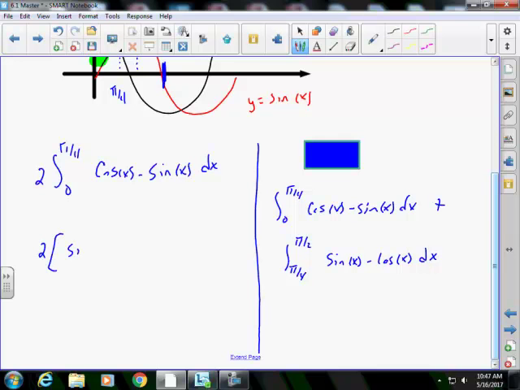I get sine of x plus cosine of x, and I'm evaluating from 0 to pi over 4. The reason I get positive cosine of x is because the derivative of cosine of x is a minus sine of x. I already have a minus sine of x, so I already have that taken care of for the sine. Then I have to evaluate that, so I get 2 times the sine of pi over 4 plus the cosine of pi over 4.